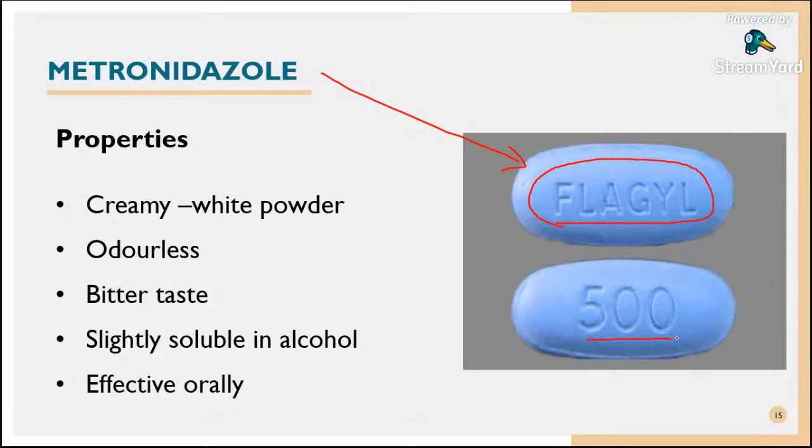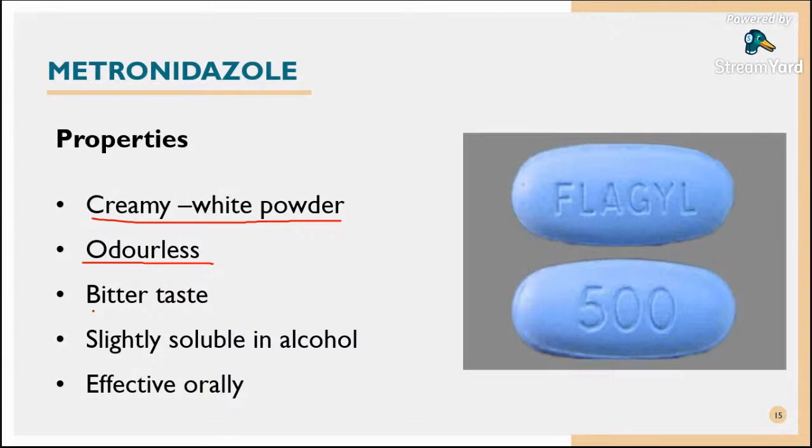Metronidazole occurs as a white crystalline or creamy white powder. It does not have any odor. It has a very bitter taste. It is soluble in alcohol, and it is effective orally as well as topically.